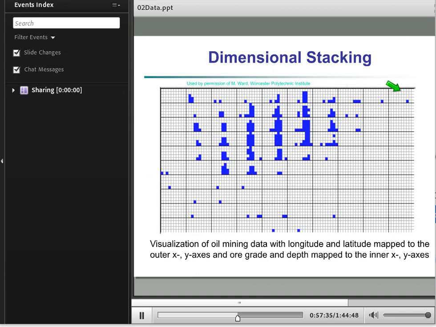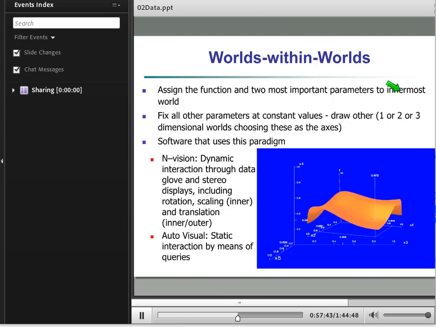Dimensional stacking is not a good tool for something more than 9 dimensions. For larger dimensions, for example, someone like this. This is another example of dimensional stacking.